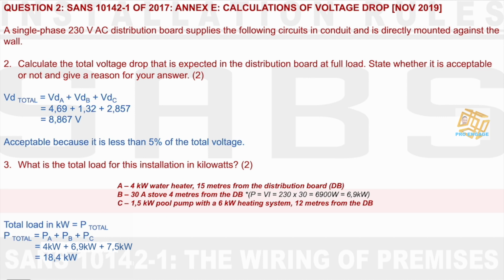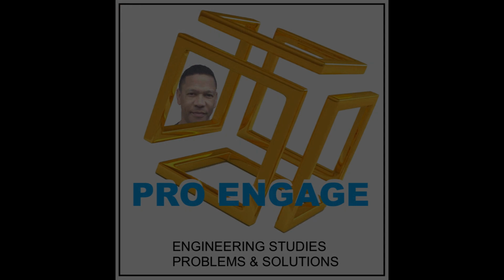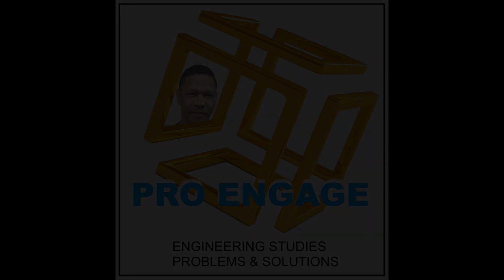The power for circuit B, we use that same formula and we manipulate nothing. We just say 230 times the amps that they give us, 6.9 kilowatt. We inject that into the formula, and we then have circuit C where we add the 2 power values and get 7.5. The answer is 18.4 kilowatts in total. That would wrap up this question. That is the last question of this recording.